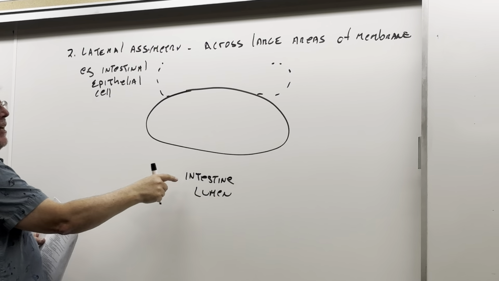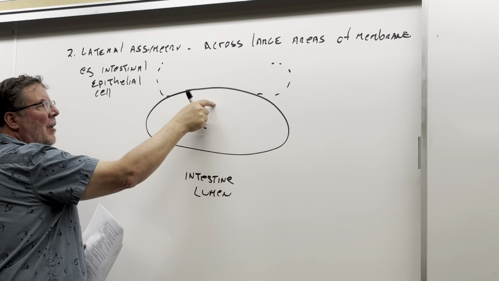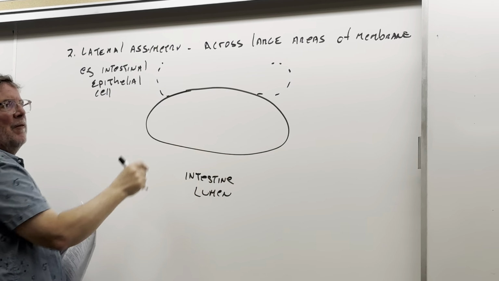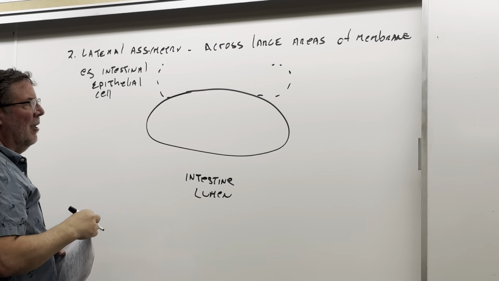The general idea is that the epithelial cells are going to absorb nutrients, sometimes transform them, and then move them to these other cells, and eventually it makes its way to the bloodstream, right?